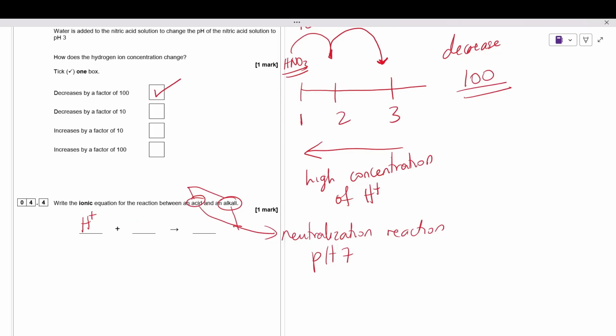From our alkali, we have our OH minus. And if we look at these ions, you'll notice that both of these will form your H2O. And that is your ionic equation for the reaction between acid and alkali. And this will always be your ionic equation once you're doing a neutralization reaction. It's always forming that 1 mole of water. That's the aim of neutralization.